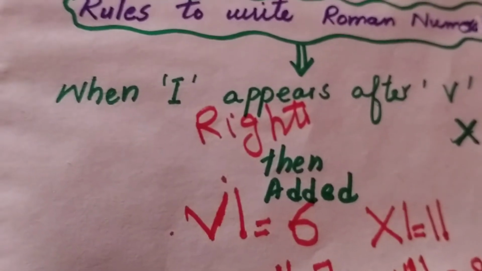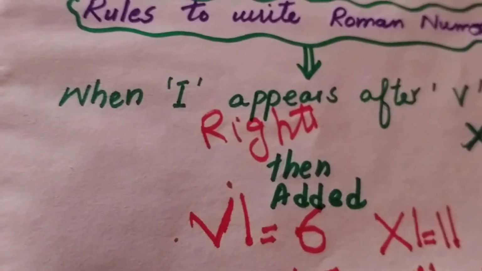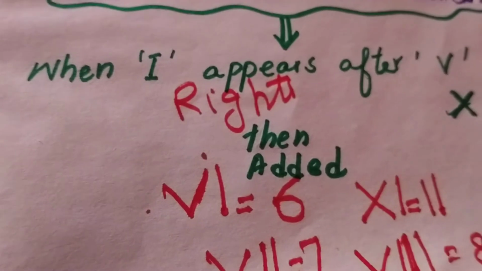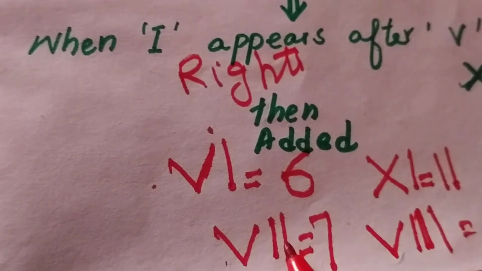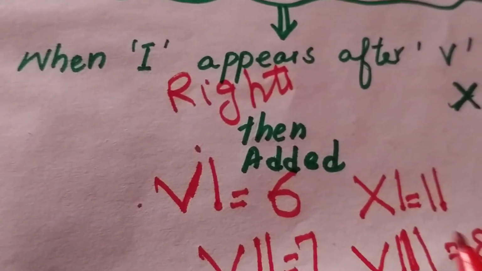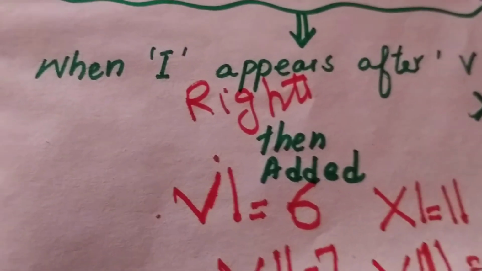We add 1 from the right side: 6, 1 added makes 7. 7, 1 added makes 8. 10, 1 added is equal to 11.